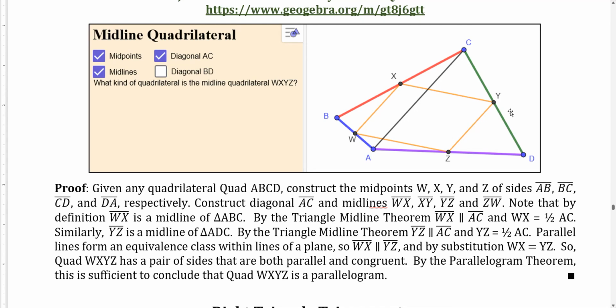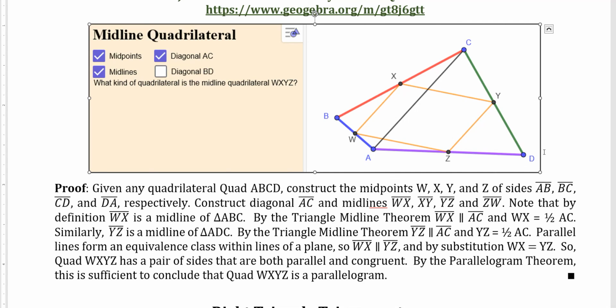So if WX and CA are parallel, and ZY is parallel to CA, then these two sides of our midline quadrilateral are parallel, and we decided they're both 1/2 the length of AC. So they're the same length and parallel.